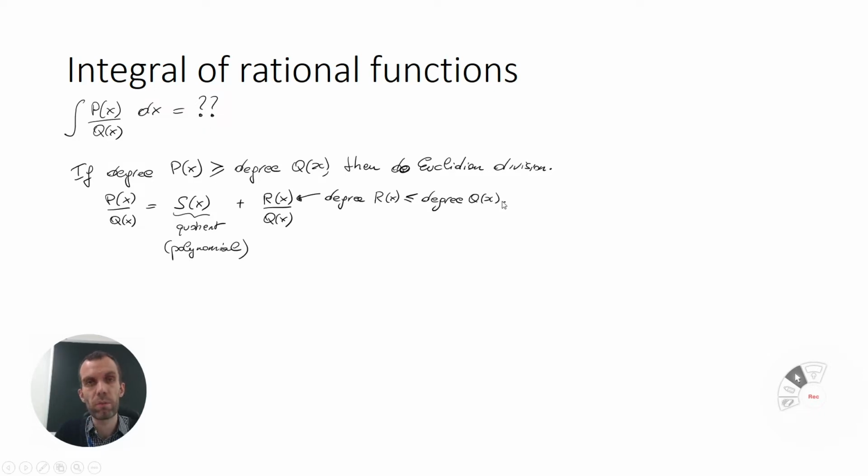And so what that means for the rational function that you're trying to integrate is that you can then reduce it to integrating a polynomial plus integrating the remainder divided by q. And so here, this you know, the integral of a polynomial.